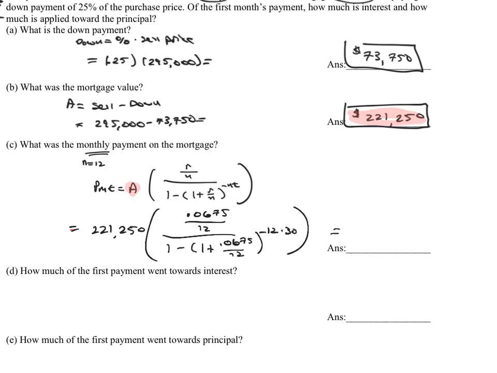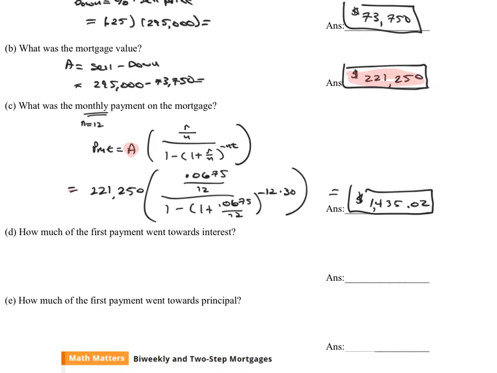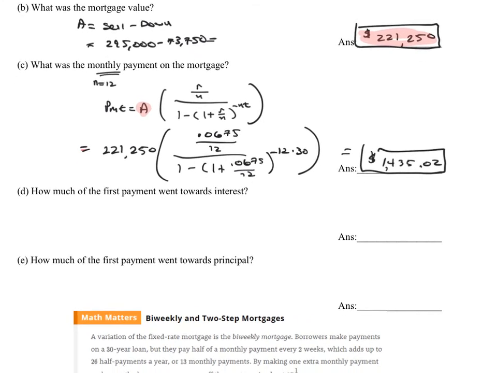Put that into your calculator carefully and let's see what you get. I'm getting a monthly payment of, rounding to the nearest cent, $1,435.02. So this person's going to pay that amount, $1,435.02, every single month for 12 months a year for 30 years.